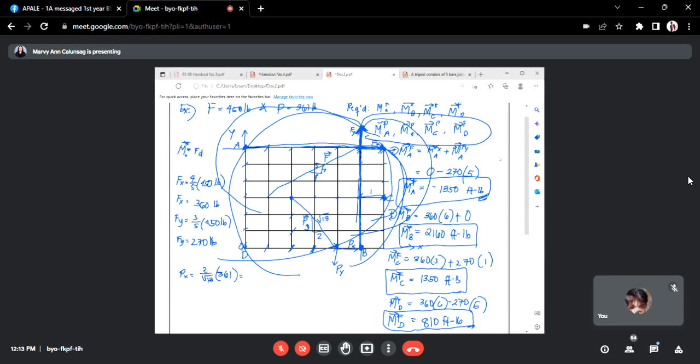So Px is, then your Py should be 3 over square root of 13 times 361. So this is 300. Mao na, sakto, the same tag nakuha nga.